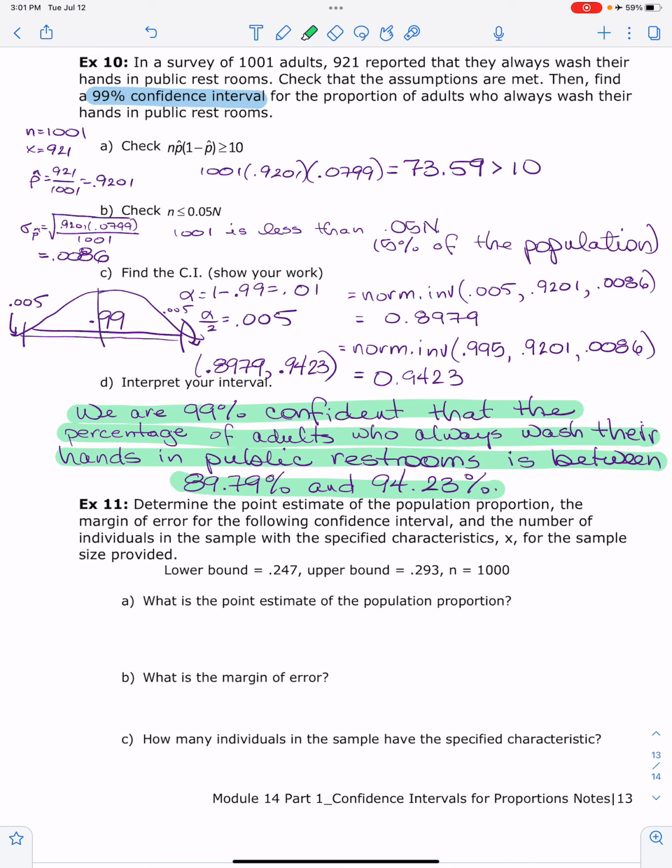Okay, so your statement does not have to look exactly like this, but you have to have all the important information. Confidence level, what we're talking about, and then your lower and upper bound for your confidence intervals.